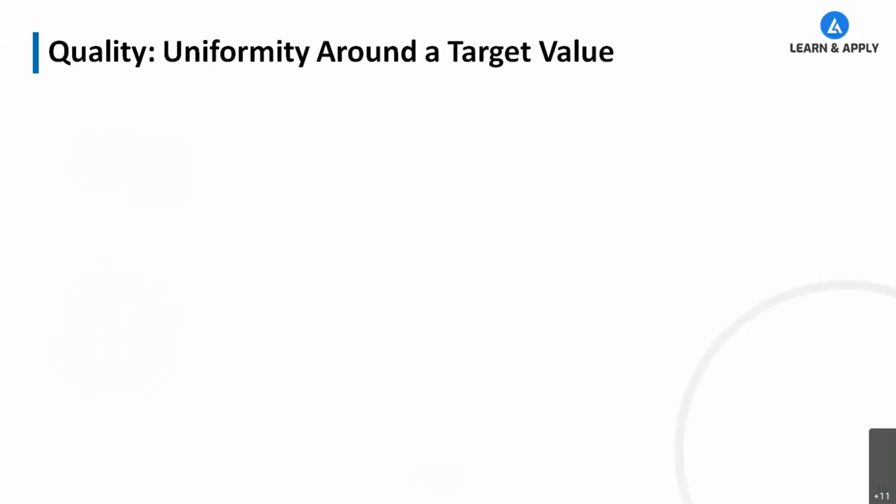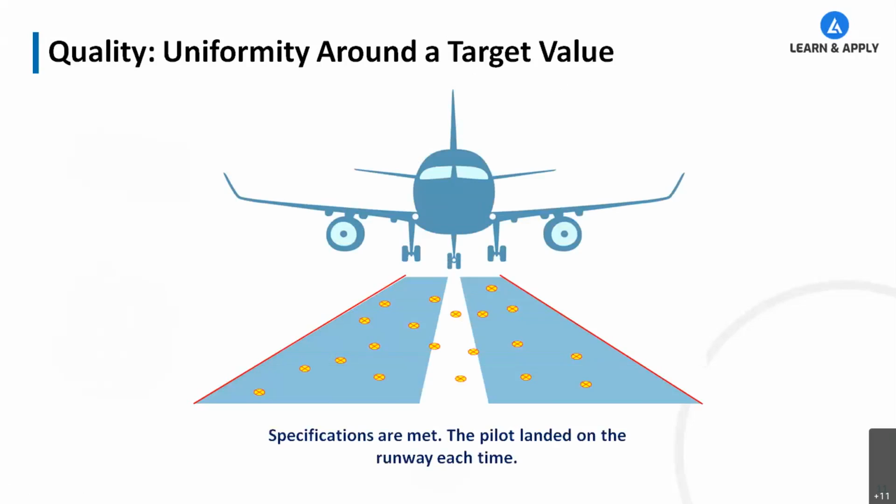Now we will see one demonstration. Let's say this is about the quality of airlines. Let us assume that this is the airline company, this is the aeroplane, and it is landing on a runway. The pilot is landing this plane every time on this runway.